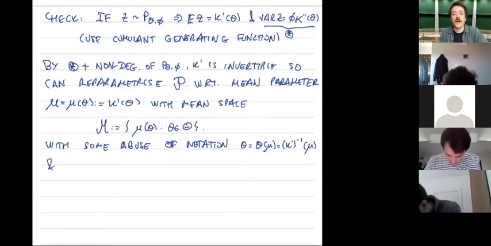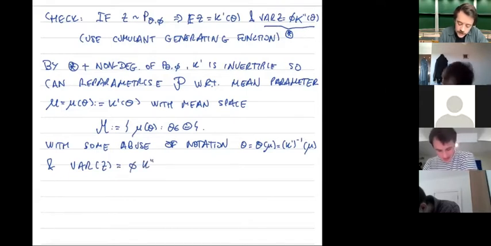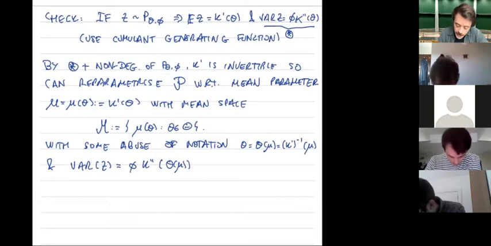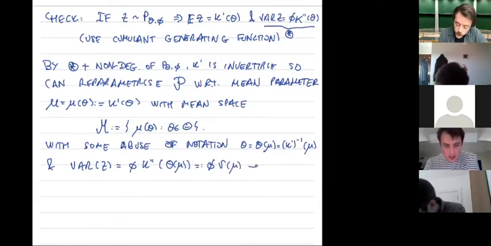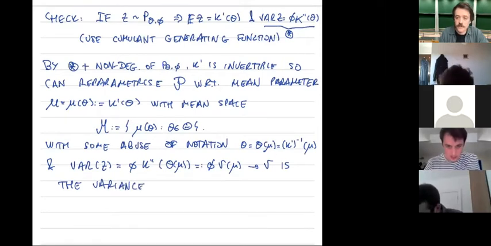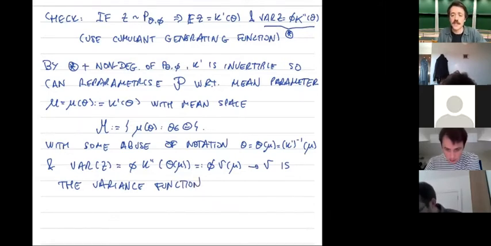And given this, we can write the variance expression that we had above, the second derivative of k evaluated at theta, simply by evaluating it at the function of mu, and this is going to give us phi v of mu. So we define v through this, and we call v the variance function. So it's a function of the mu in this case.